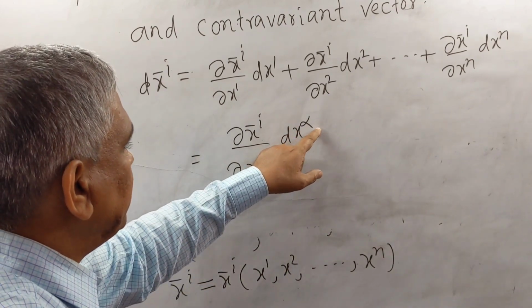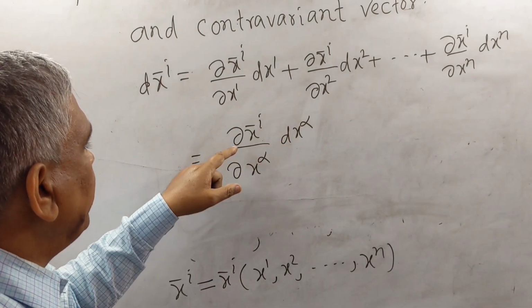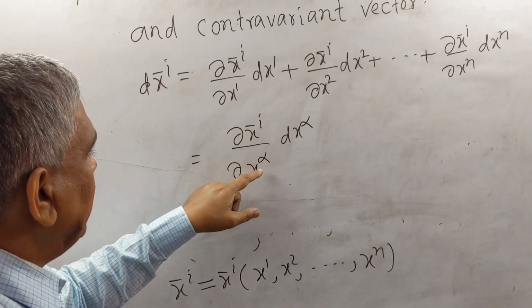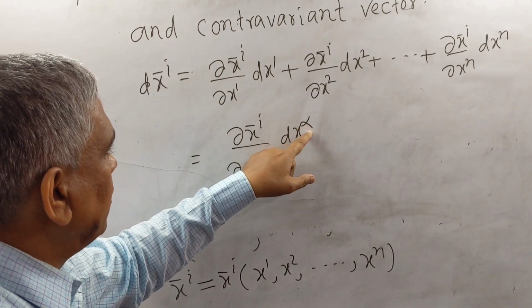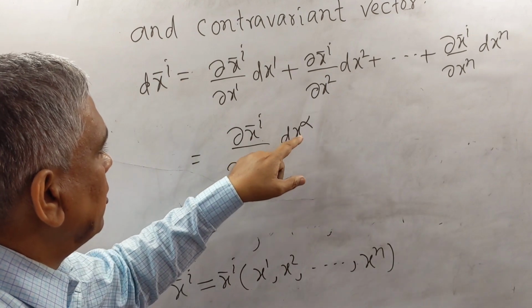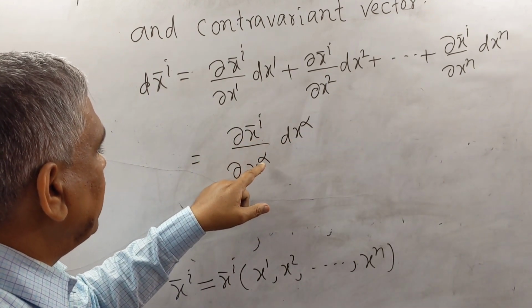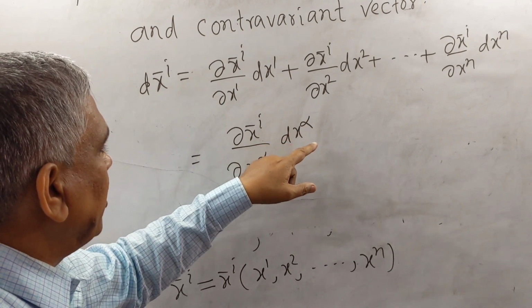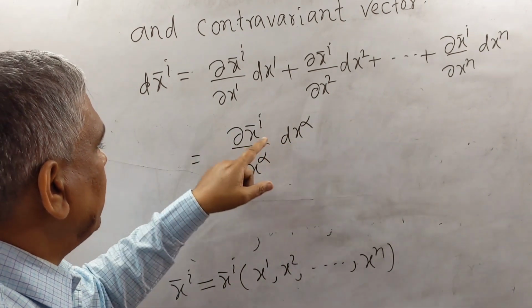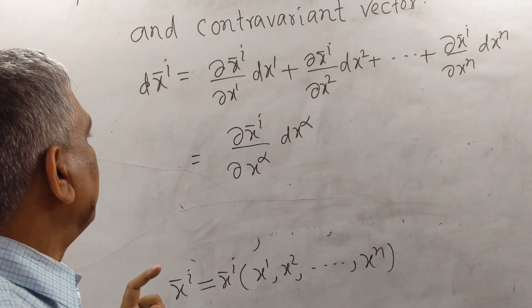This alpha is a dummy suffix, and if we expand this we get del x bar i by del x1 dx1 plus del x bar i by del x2 dx2 plus del x bar i by del x3 dx3 plus dot dot dot del x bar i by del xn dxn.